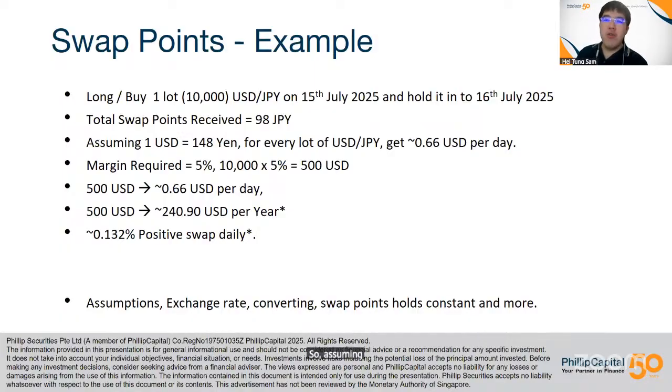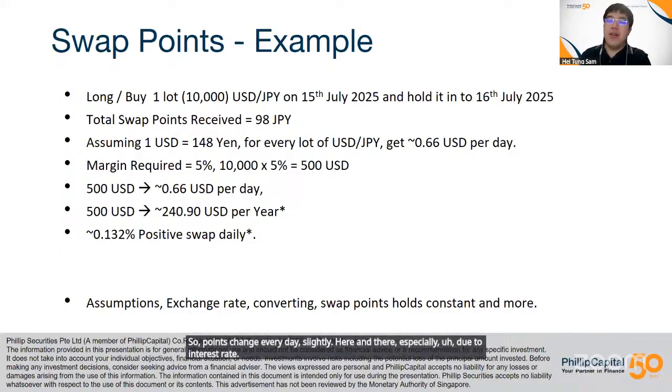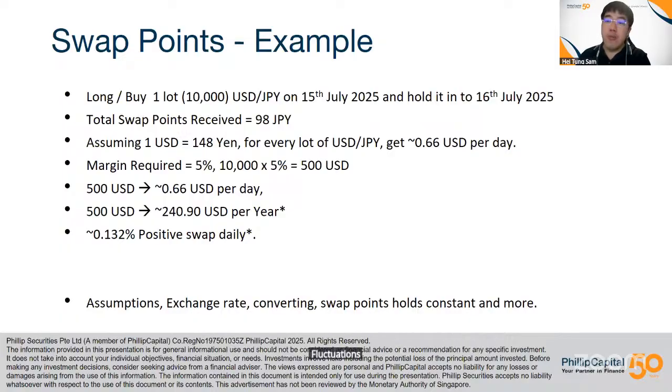So assuming that $1 is 148 yen, you'll get about 0.66 US dollar per day. Assuming the swap points didn't change. Swap points change every day, slightly here and there, especially due to short term interest rate fluctuations.